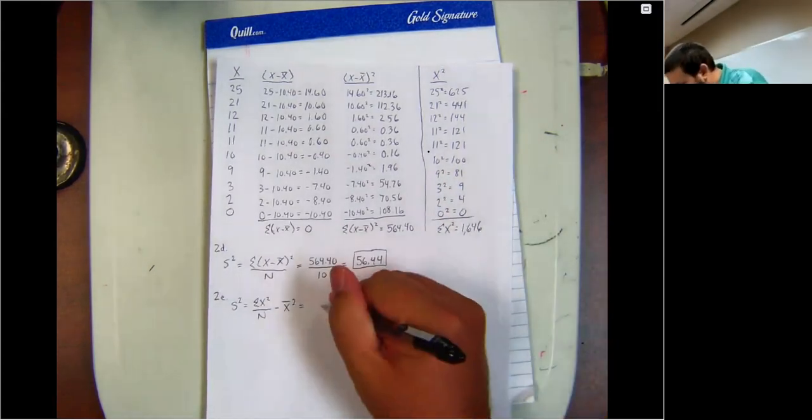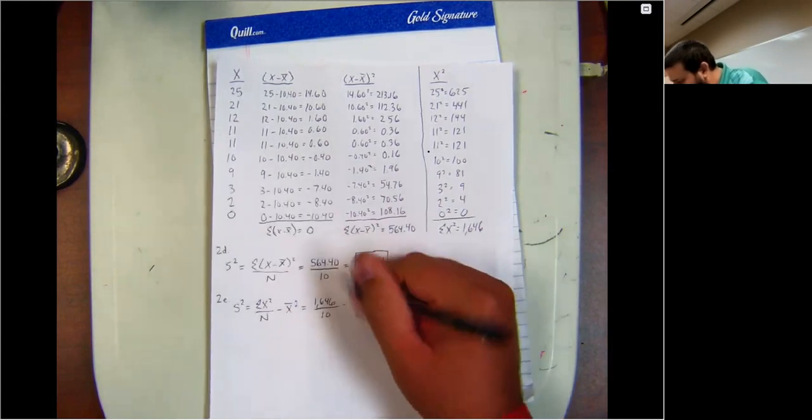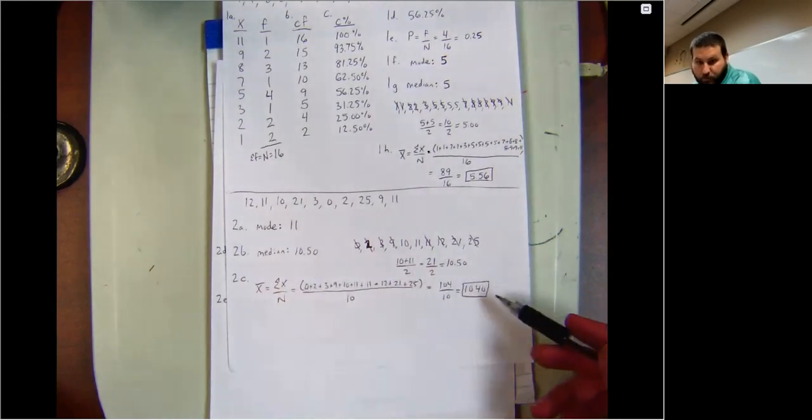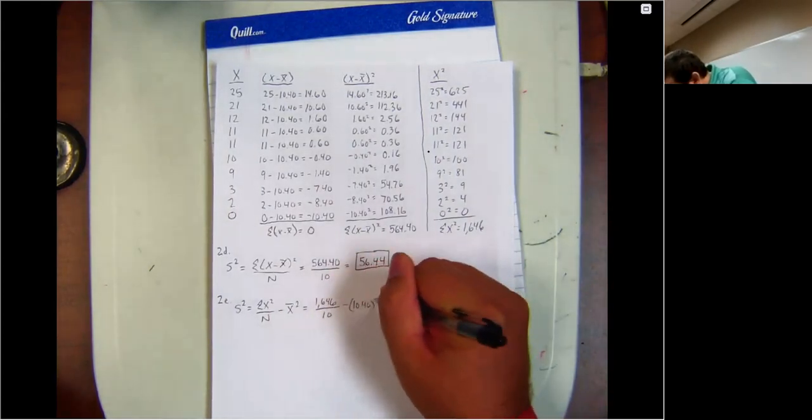So you take 1,646, we're going to divide it by the n of 10, and we're going to subtract out the mean squared. Now remember, the mean we calculated before in 2C. I'm going to pull it back here to show you that our mean x bar is 10.4. So when we need the mean squared, we need to square 10.4. So we're going to put in minus 10.4 squared.